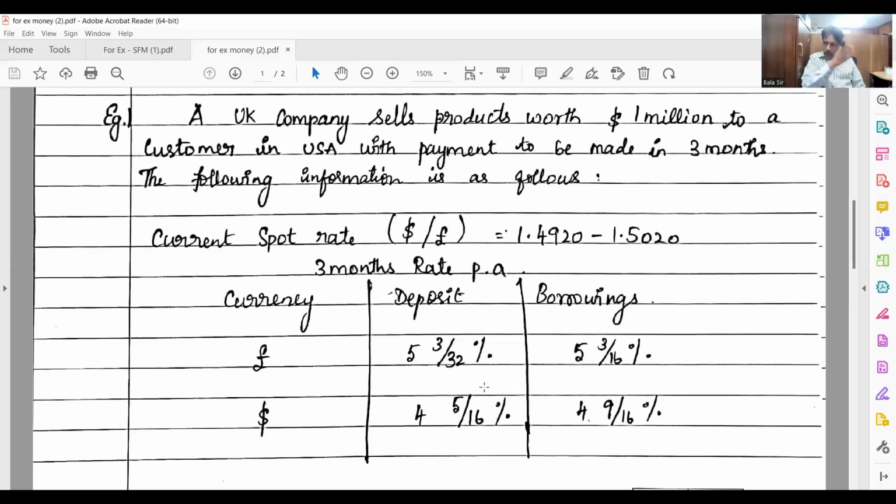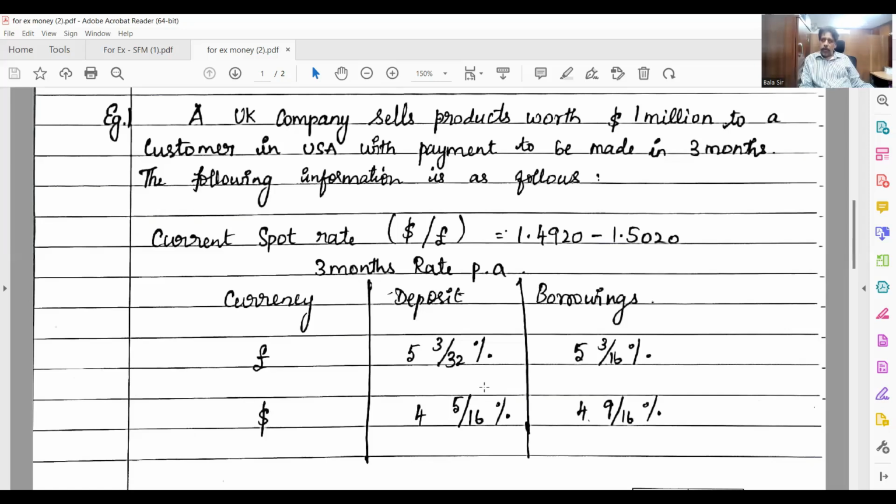Borrow something less today, so that it plus interest for 3 months on that loan in the US equals $1 million. When you receive the money from the customer, that amount can be used to pay off the loan. Is that fine? Yes. That is how a money market hedge works.